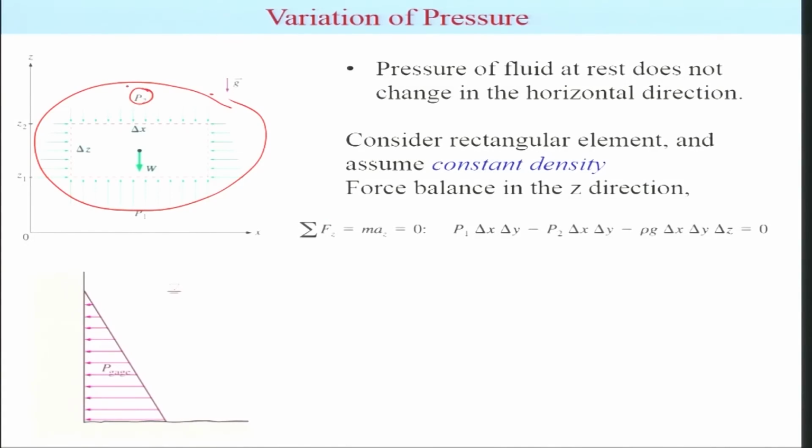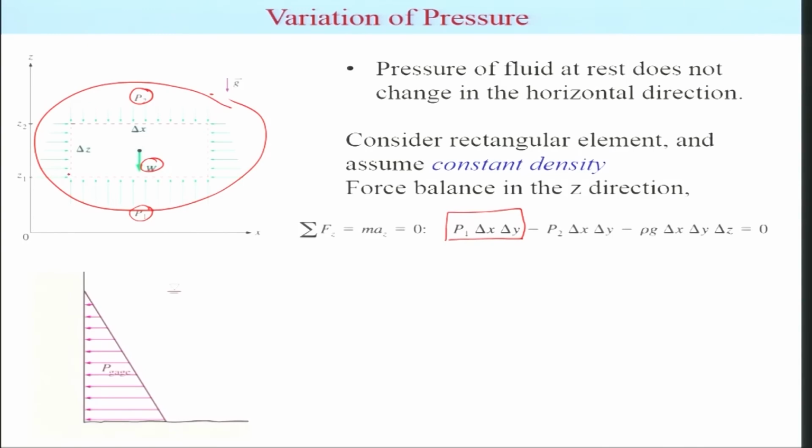Let's say you define pressure at this point P2, which is acting on this element of the fluid, and the weight of the fluid is W, and then the pressure acting on the other side of the fluid is P1. If you do a force balance, P1 times the cross-sectional area will be the force.